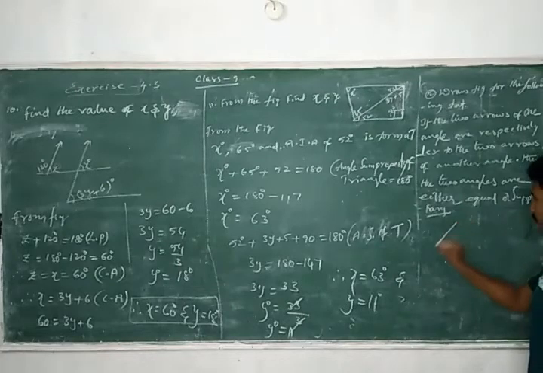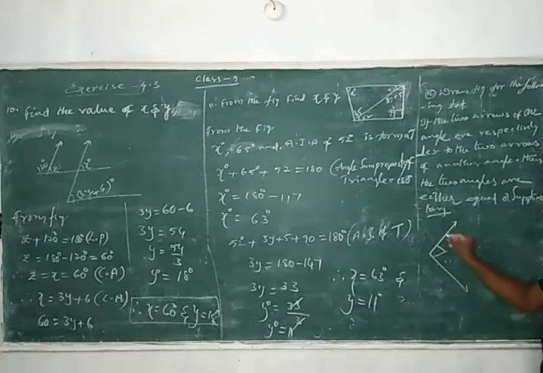So let's see. Suppose I am taking like this. It is 90 degrees, and one more is perpendicular. Here also 90 degrees.